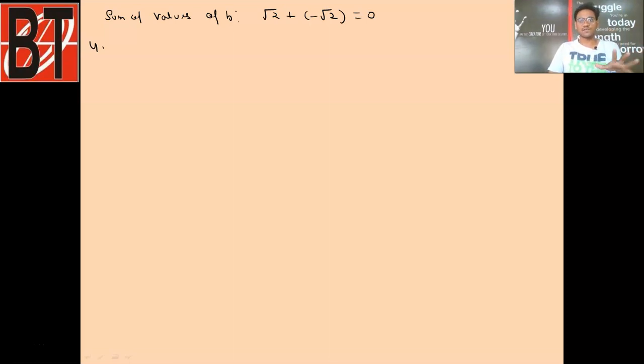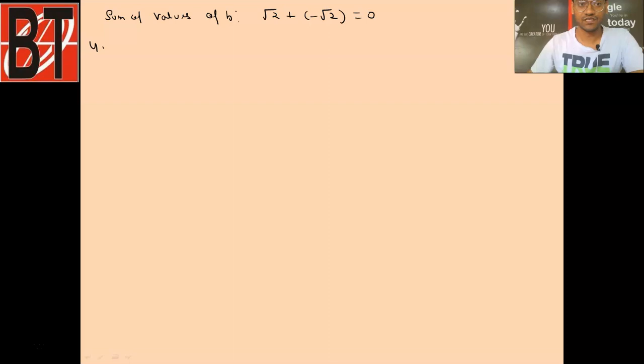The topic is completed, we solved the questions also, though I didn't take a question based on writing the expression for a cubic polynomial. So students, let us first solve a question based on writing the expression for a cubic polynomial when the zeros of the polynomial are given.